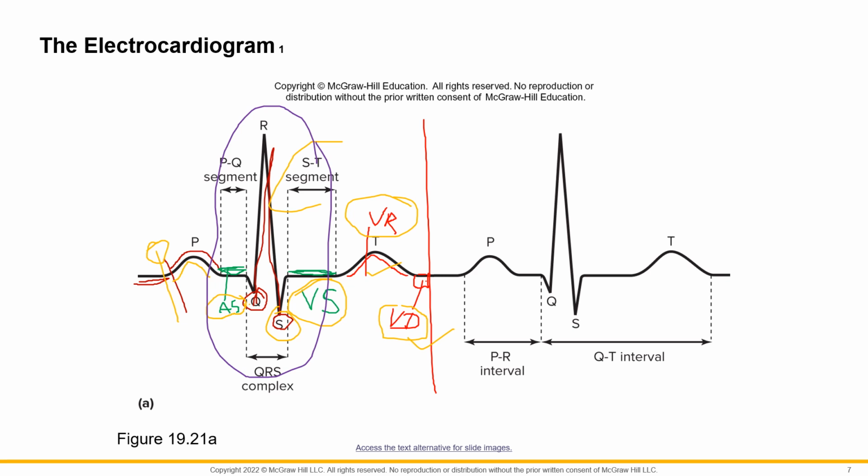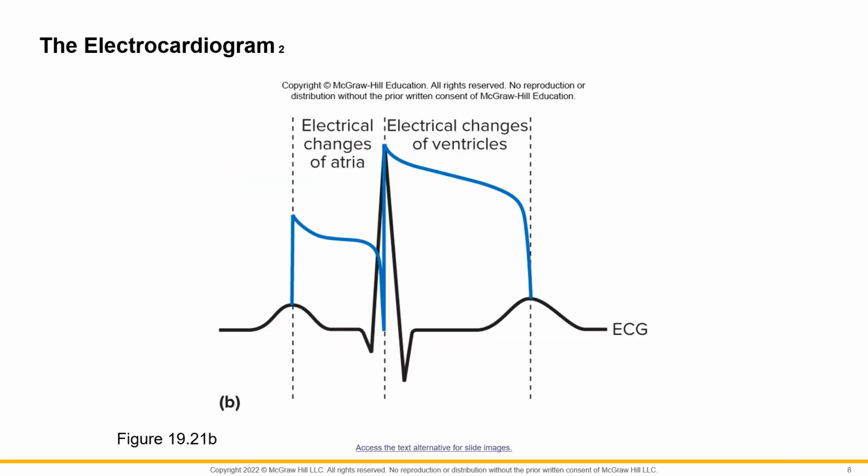The QRS complex is shadowing the events that are happening concurrently on this two-dimensional graph. So simultaneously, as the QRS complex is happening, your atria are undergoing repolarization and atrial diastole is happening at the same time.